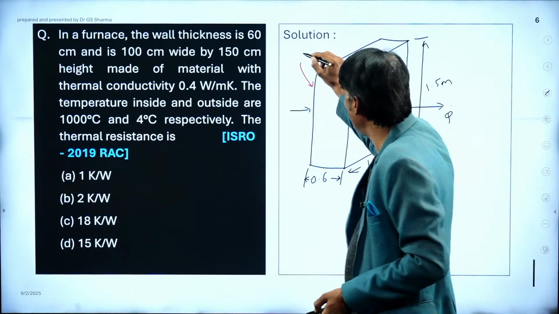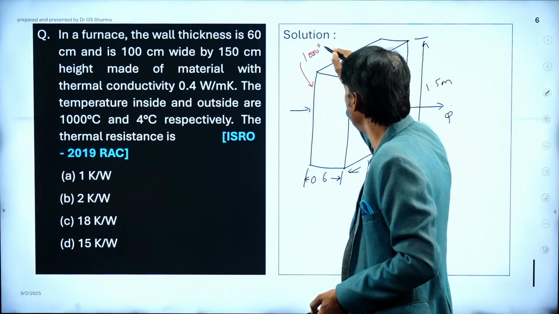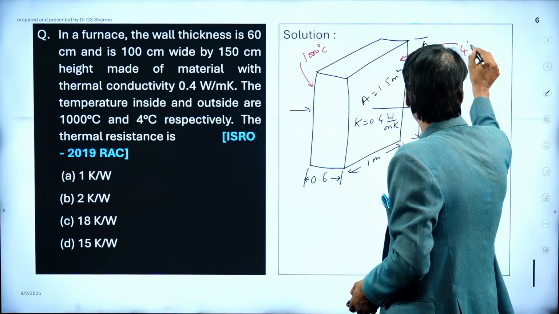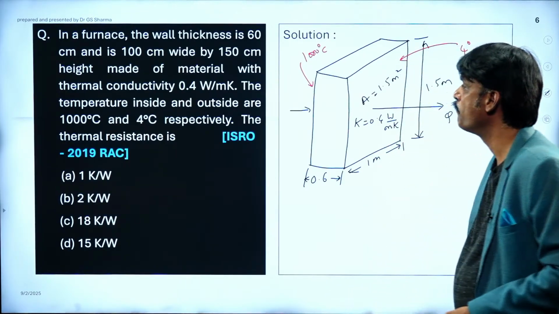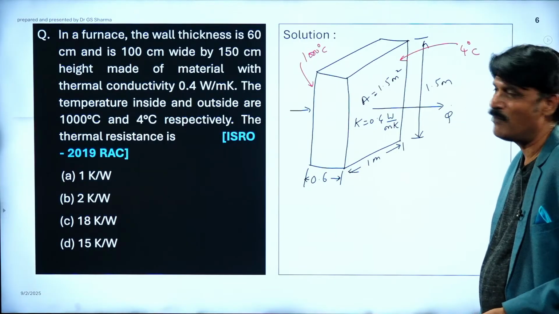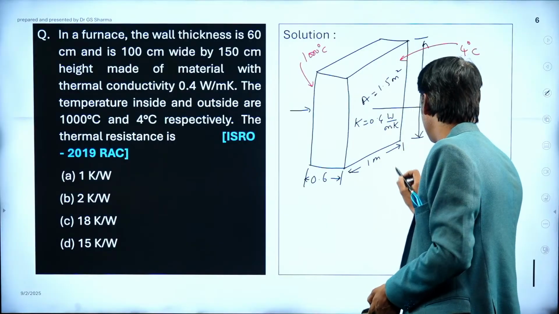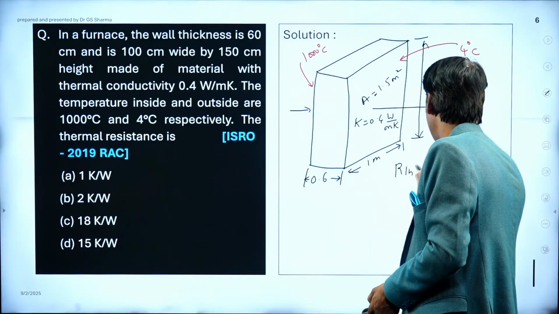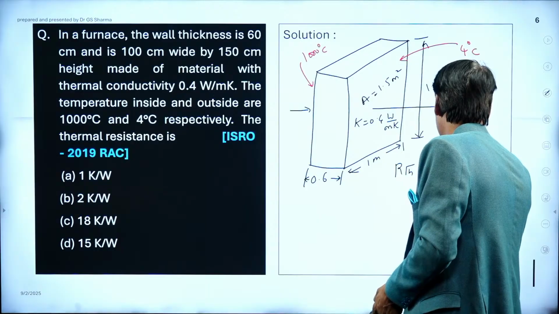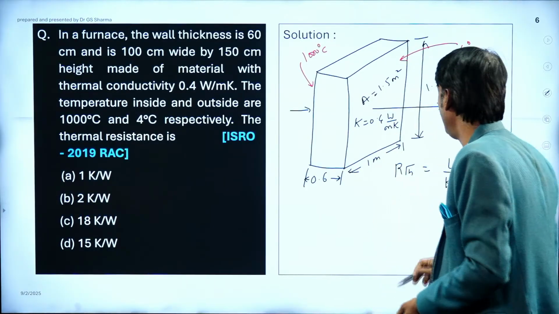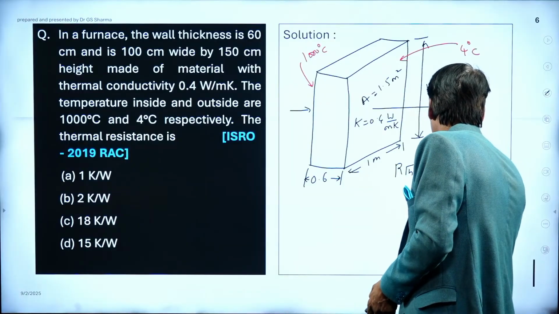So this is a high temperature of around 1000 degrees centigrade and this one is around 4 degrees centigrade. He is asking what the thermal resistance is. Thermal resistance is equal to L by Ka, simple. And its thickness is 0.6.